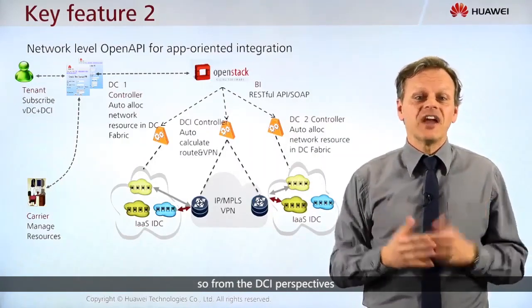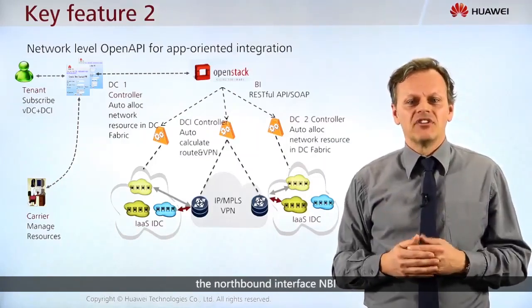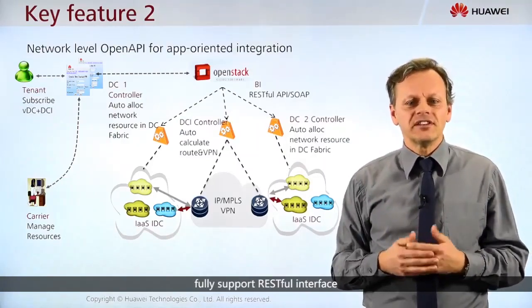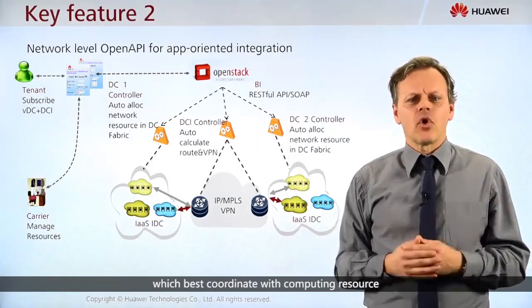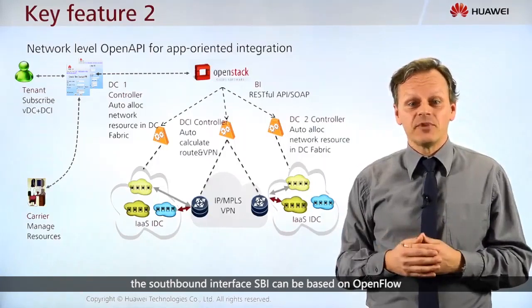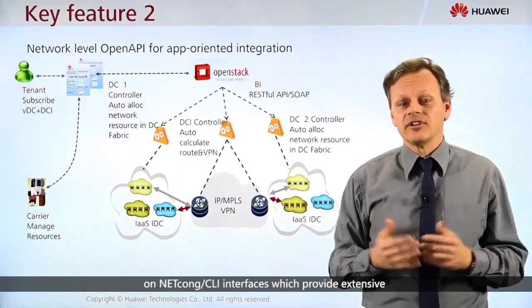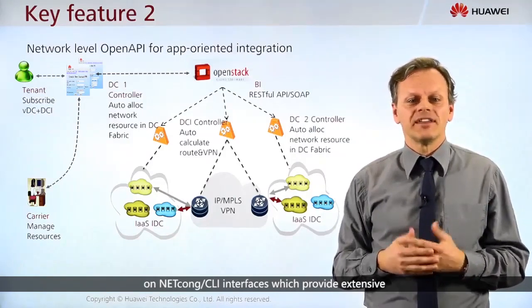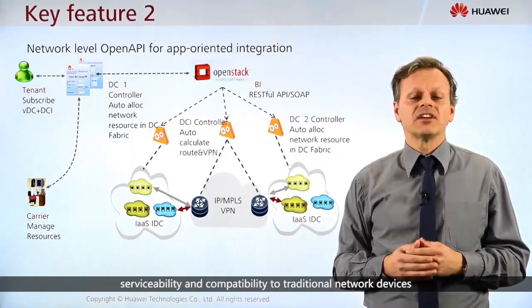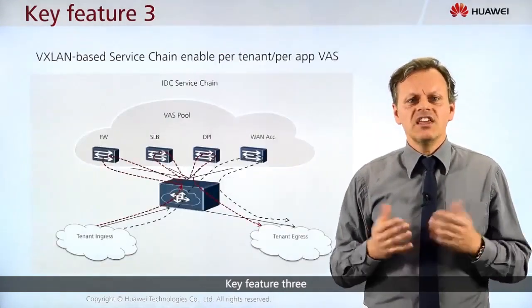So from the DCI perspective, the northbound interface NBI fully supports RESTful interface, which best coordinates computing resources. The southbound interface SBI can be based on OpenFlow, on NetConf or CLI interfaces, which provide extensive serviceability and compatibility to traditional network devices.